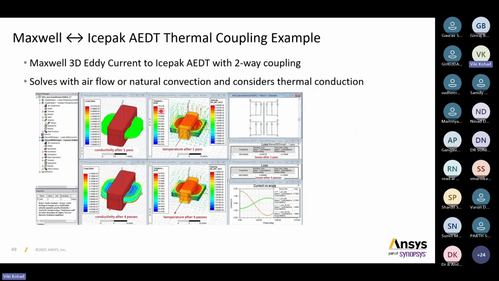And this is one example of Maxwell and IcePak 2D two-way coupling. This is the Maxwell part, and this is the temperature part that you can see. Both designs are in one project. You can simulate different designs in one project, solved with airflow or natural convection. If natural convection is there, no airflow is there, then it is only the thermal conduction part.